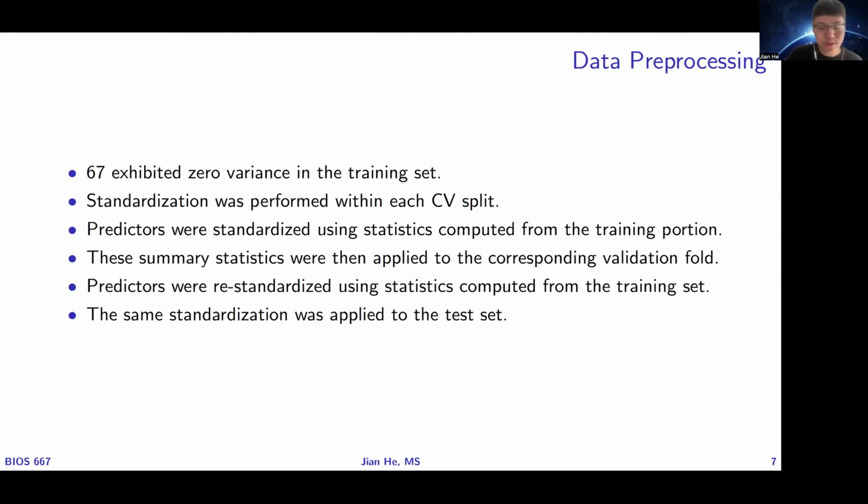This summary statistic was then applied to the corresponding validation fold. After determining the optimum values of the hyperparameters, predictors were re-standardized using the summary statistic computed from the full training set. The same standardization was applied to the test set to prevent information leakage.